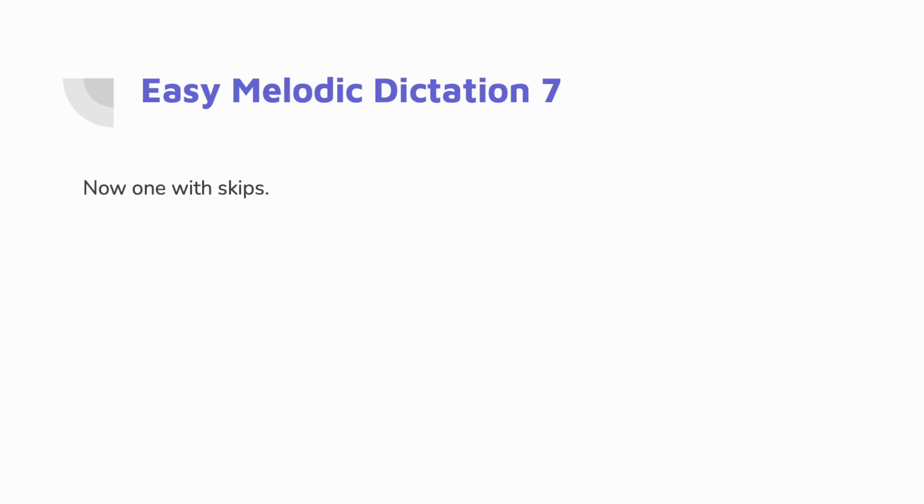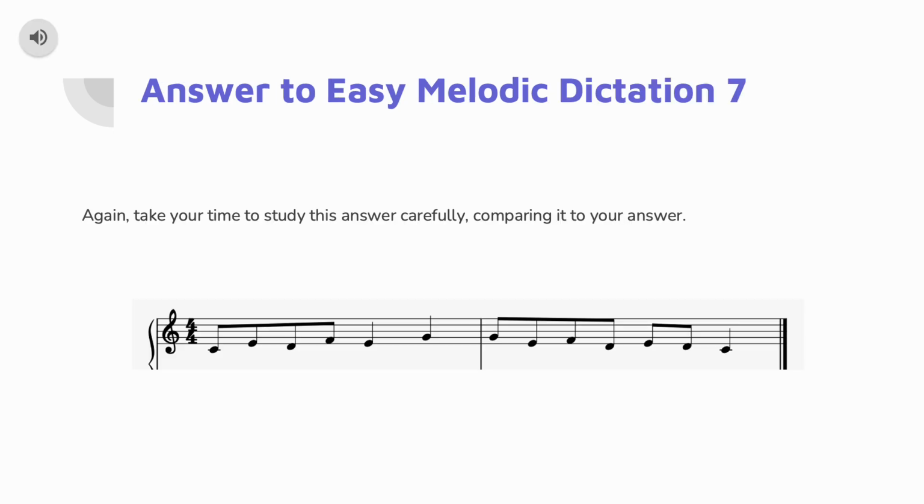Here is your easy melodic dictation number 7. This one does include skips. Take your time studying the answer to easy melodic dictation number 7.